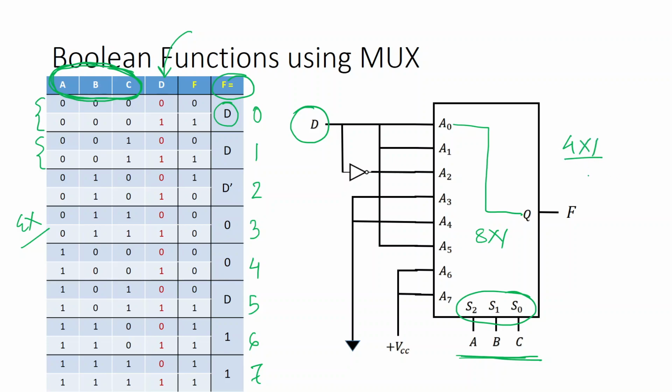Then what will happen, you will have to express F as a function of C and D, the lowest two bits. Always remember that we are expressing the function as a function of the lowest bits, not the higher ones.